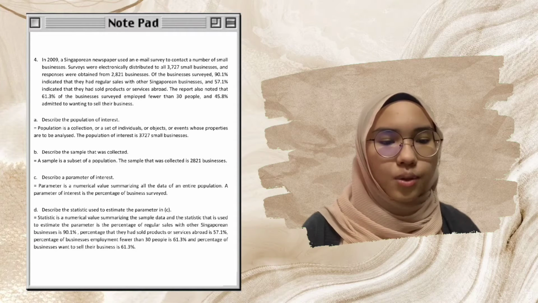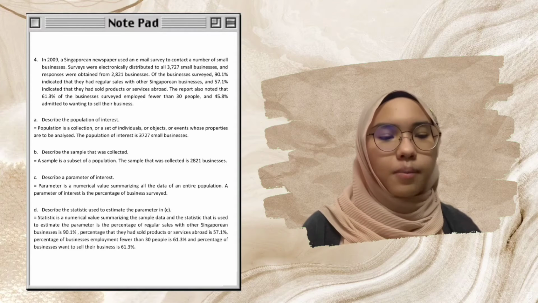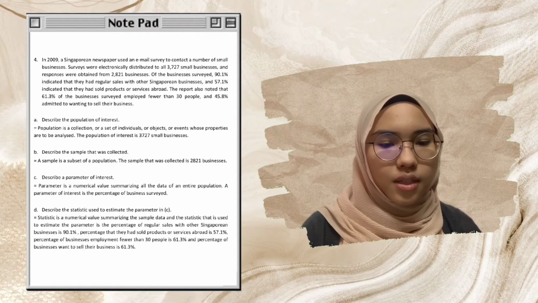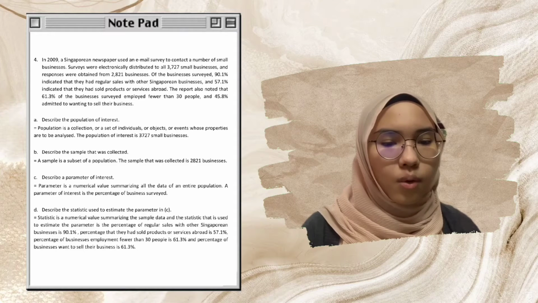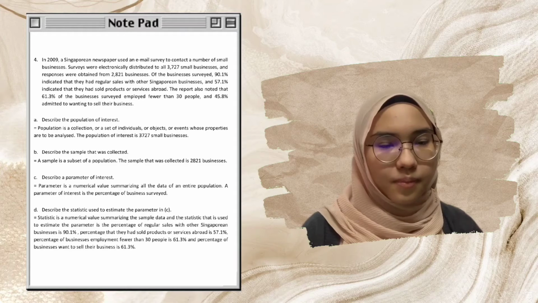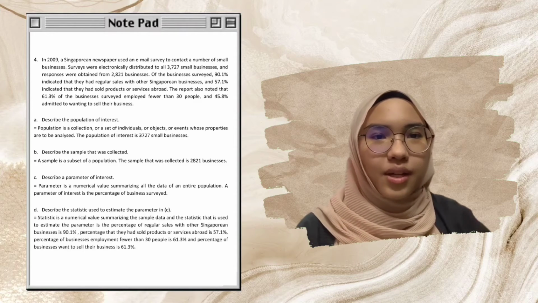The percentage that had sold products or services abroad is 57.1%. The percentage of businesses employing less than 30 people is 61.3%, and the percentage of businesses that want to sell their business is 61.3%. So that's all from me. I'm going to pass the baton to the next presenter.